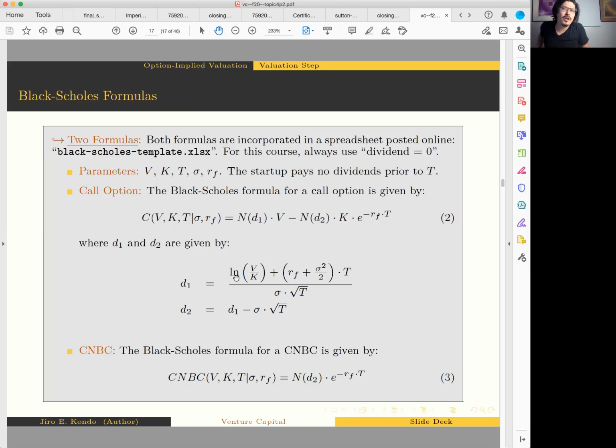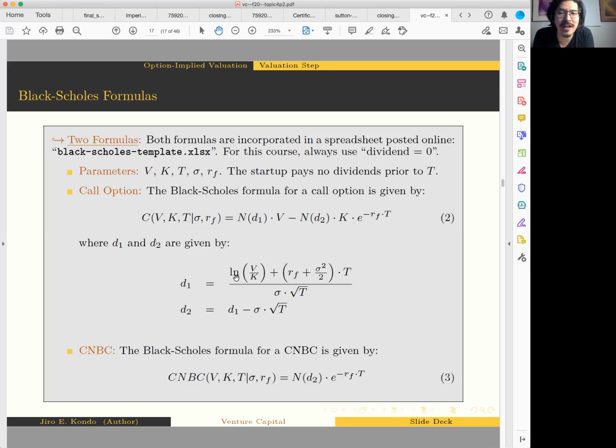Okay, but here's what you need to know for the purposes of this class about the Black-Scholes formula. It is a formula for getting the value of a call option from basic parameters of the underlying asset. In this case, the underlying asset is the startup as a whole.